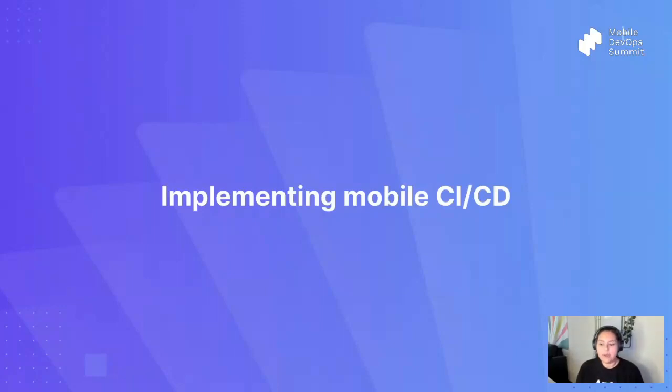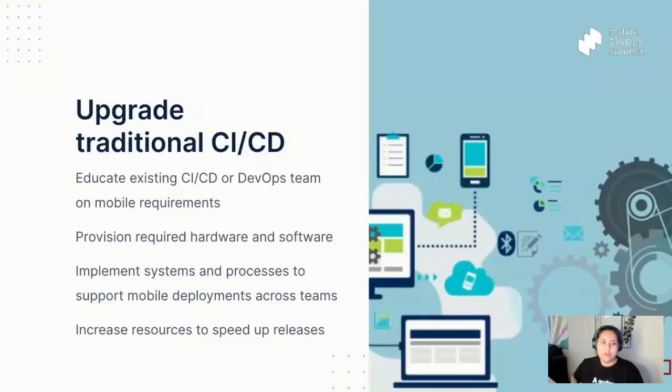Now, this can be whether you are updating your existing strategy, whether you are deploying mobile applications for the first time, or whether you're just a new team getting up and running and deciding how to implement a strategy. So one of the options is to upgrade your existing traditional CI/CD to ensure that it has what is needed for mobile deployments.